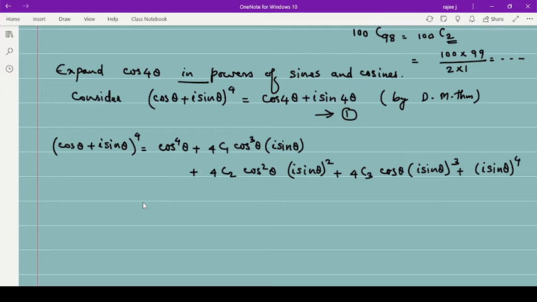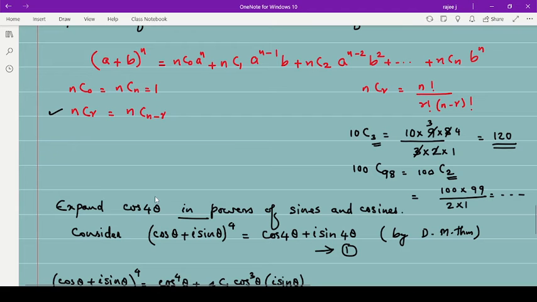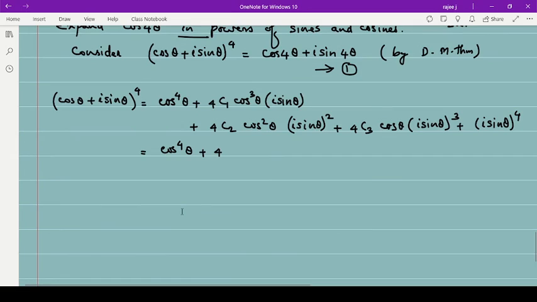Now open this. It is equal to cos raised to 4 theta plus 4C1. 4C1 is 4, since nC1 is n. So 4 cos cube theta and i sin theta, plus 4C2.